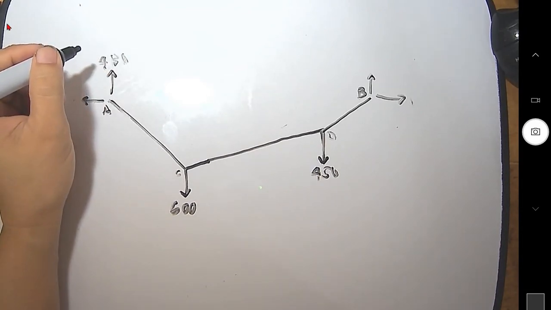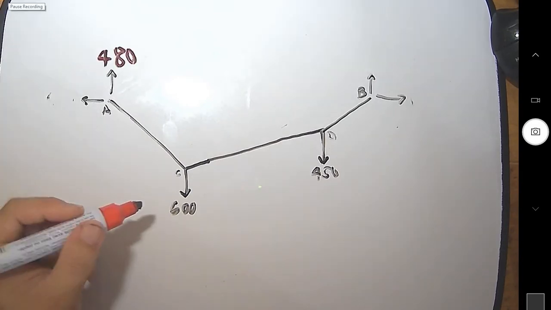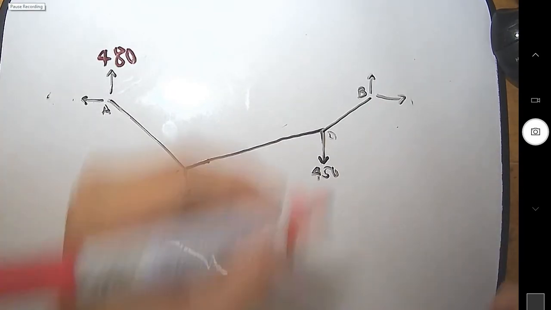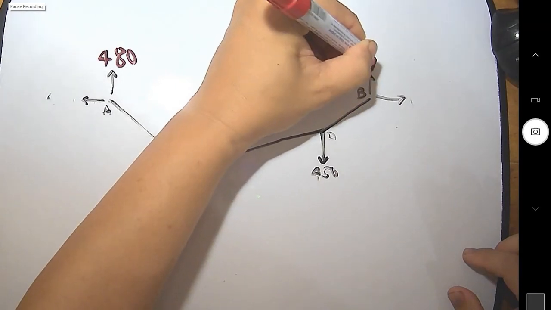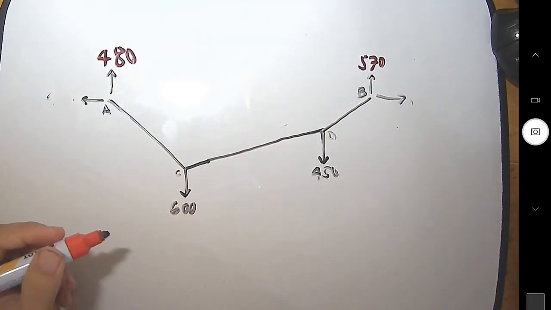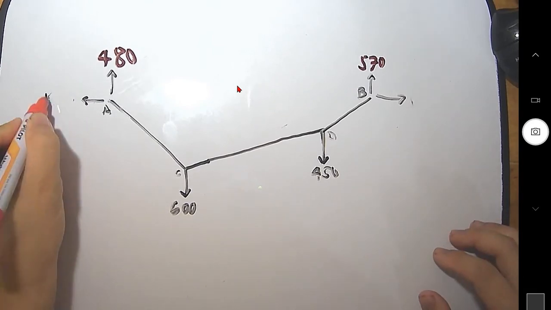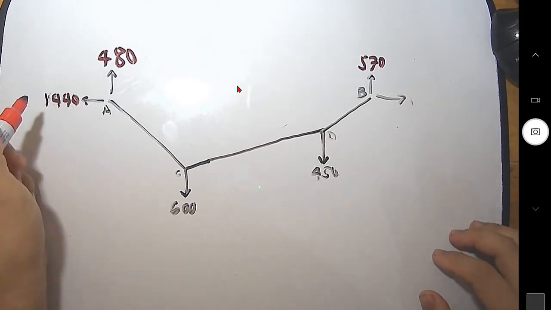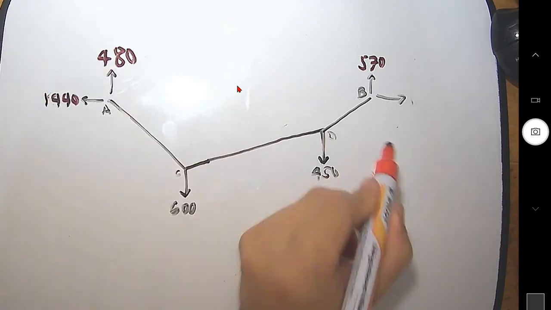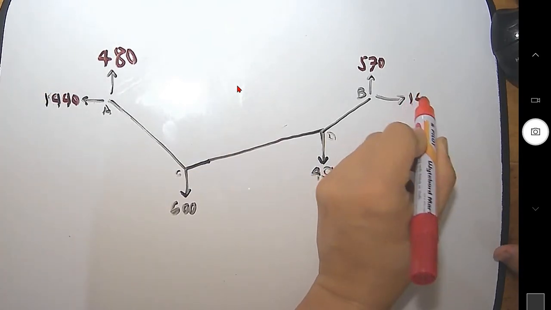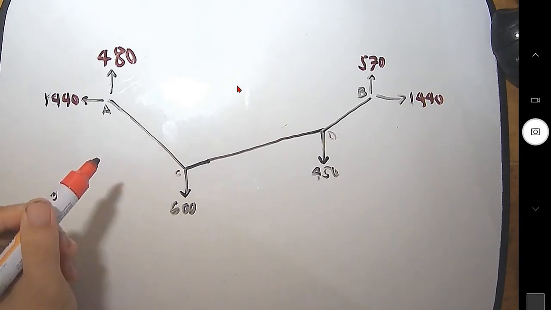So, at A, meron tayong vertical reaction na 480 Newton. Tapos, sa B, we have 570 Newtons. Tapos, sa horizontal at A, we have 1440. Sa B naman, meron din siyang 1440.